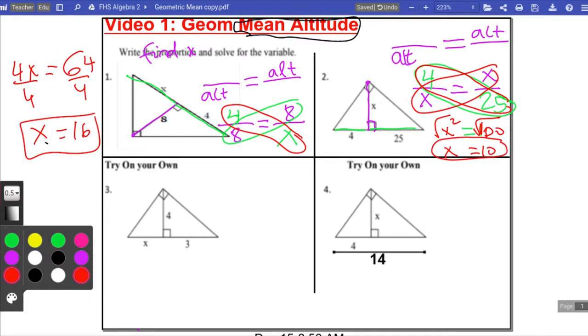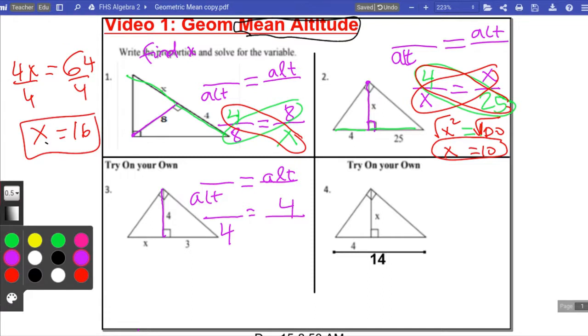All right, let's do number 3. Here it is right here. The altitude goes bottom left and top right. Right now it was 4. So 4 bottom left, 4 top right.